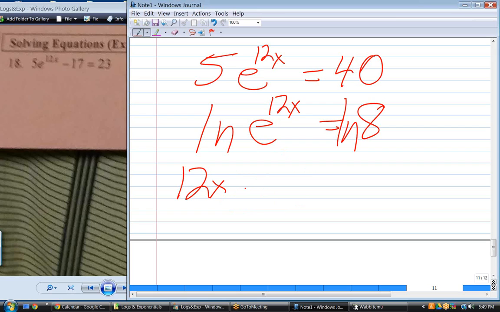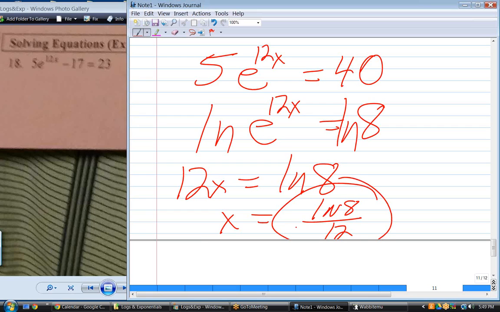And so 12x is equal to the natural log of 8. So x is equal to? Natural log of 8 divided by 12. Again, that's your answer. You don't want to put down the decimal answer. You want to leave it exactly this way. Natural log of 8 divided by 12.